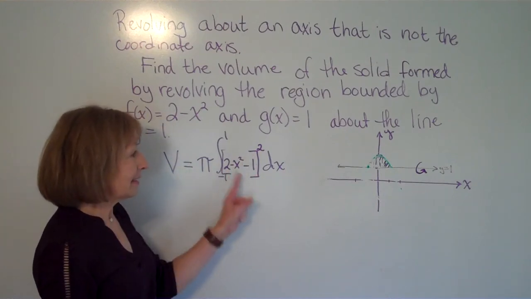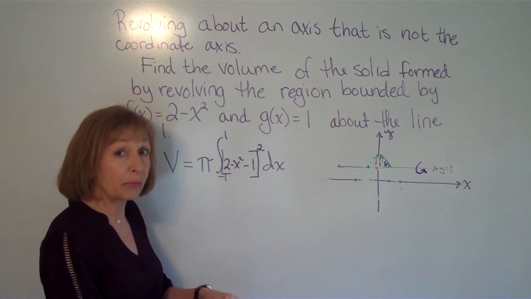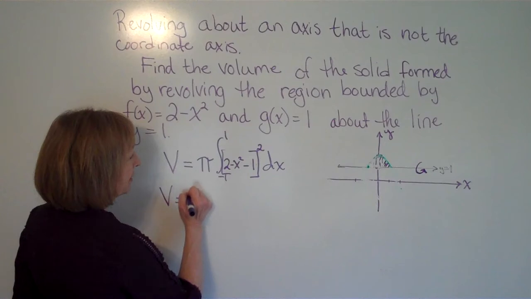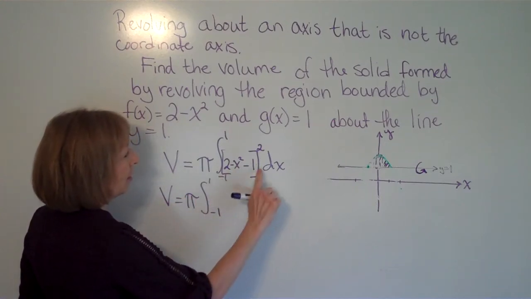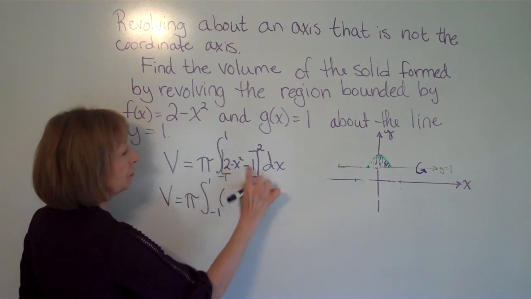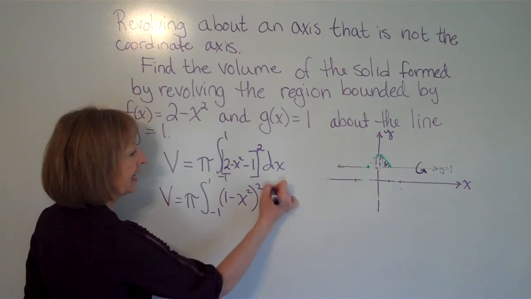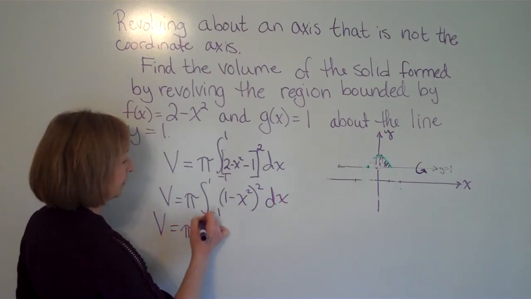So this is done inside the brackets because we're adjusting for the radius to get our capital R of x, and then we're squaring it. So our volume is pi times the integral from -1 to 1 of, 2 minus 1 gives me, 1 minus x squared dx.